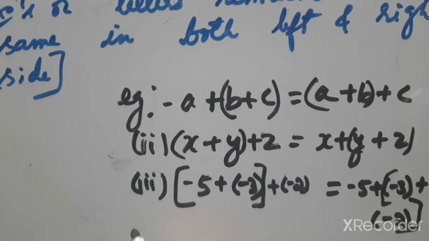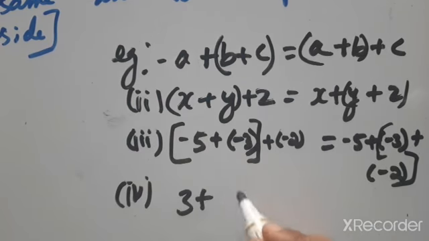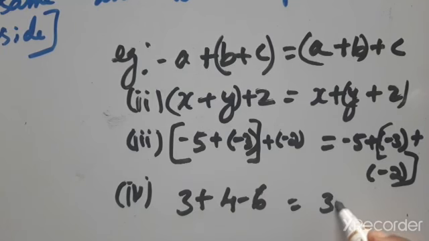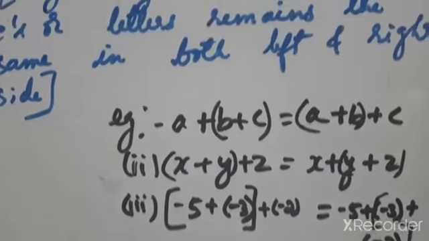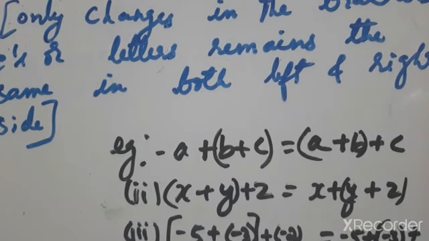Then one more example: 3 plus 4 minus 6 equals 3 plus 4 minus 6. If the bracket is on 3 plus 4, here the bracket is on 4 minus 6. The numbers are one and the same on both sides; only the brackets change.